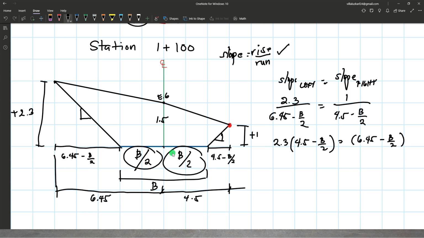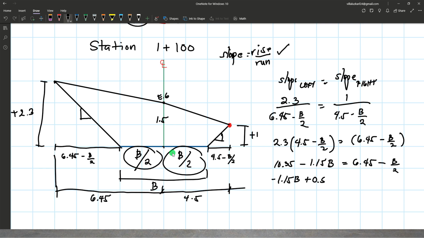Okay, distributive property, we have 10.35 minus 1.15b equals 6.45 minus b over 2, or b over 2 is 0.5b, negative 1.15. So we combine like terms. If this is 0.5b, we transpose that on the left hand side.